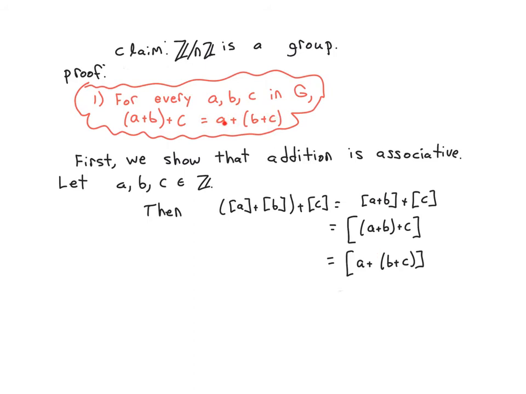And what is this really? These should be square brackets. So this is the equivalence class of A plus the equivalence class of B plus the equivalence class of C. So somehow we need to replace this equivalence class with sums of equivalence classes. There's not much we can do there because of this parentheses.